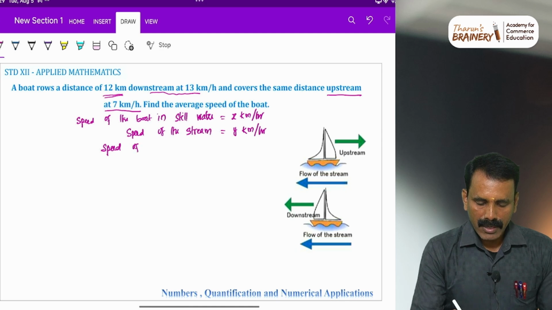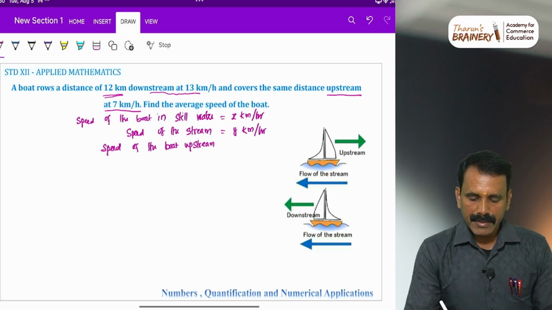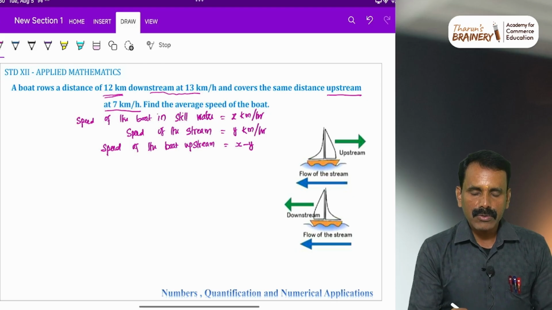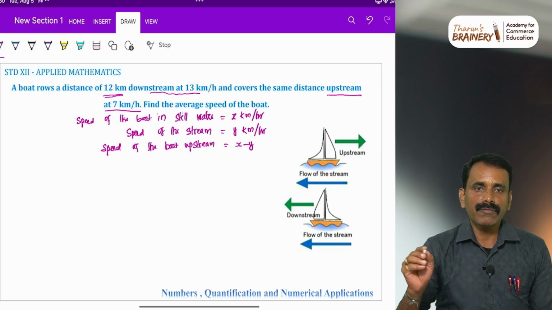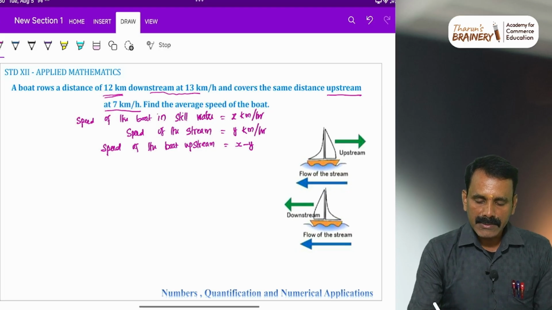Now we take the speed of the boat upstream. Upstream speed is actually x minus y, because it is going to travel against the flow of water, the speed reduces. So x minus y is given to us, which is nothing but 13 kilometer per hour.